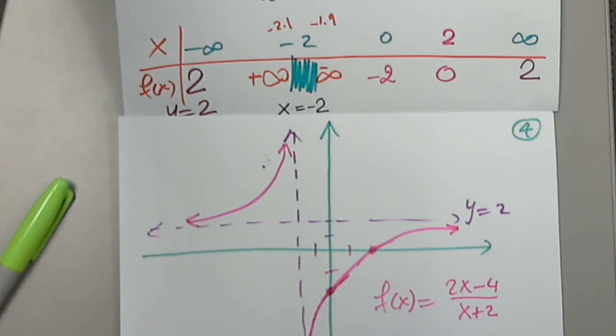Let's do this with the graphing calculator as well. So in y equals, clear whatever else you have in there. Put parentheses around the top, mandatory. 2x - 4, close the parenthesis and divide by x + 2. What other function do we have to put in the graphing calculator?